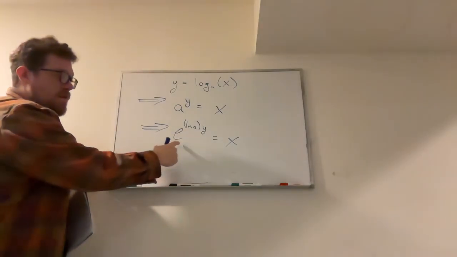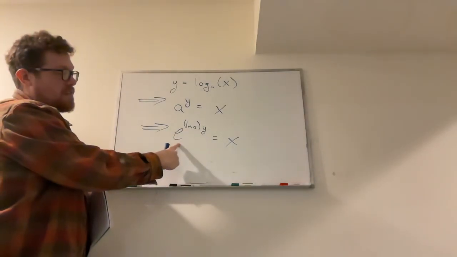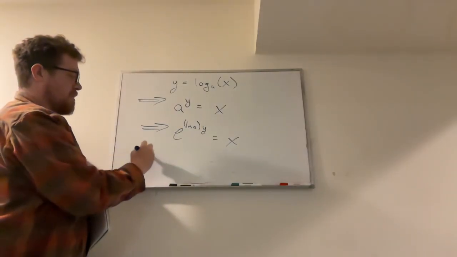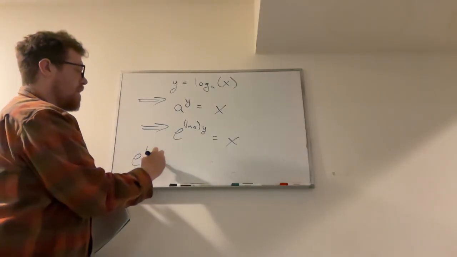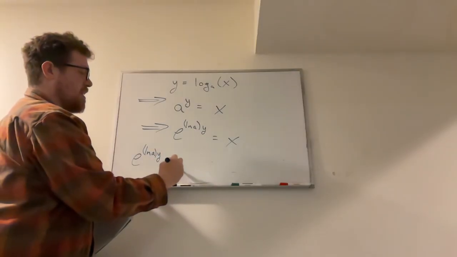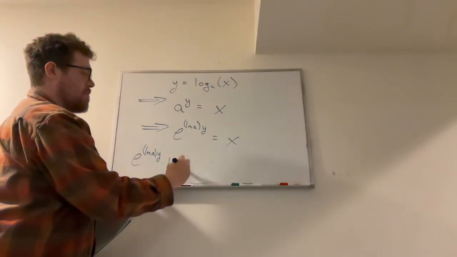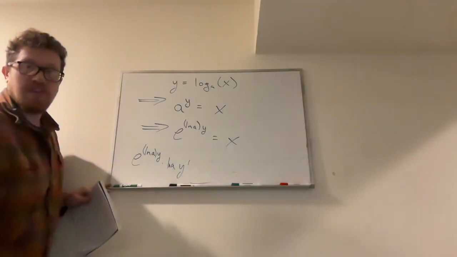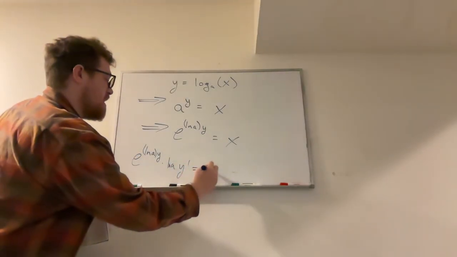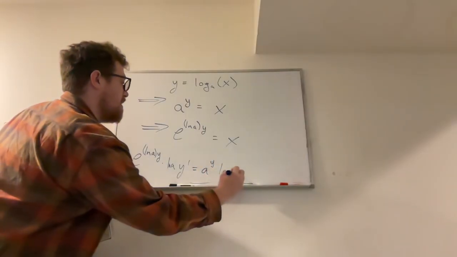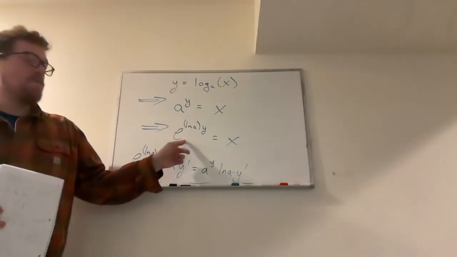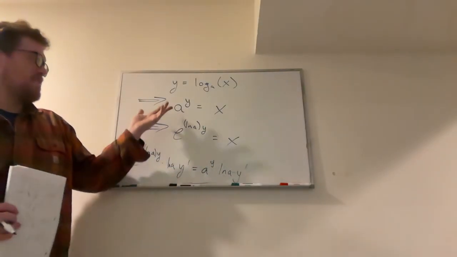And then you know that the derivative of e to the x is itself, so e to the log a y has derivative e to the log a y times log a y prime, by the chain rule, and e to the log a is just a to the y, so this is just a to the y log a y prime. And so that's what we have on the left here. That's the derivative of a to the y.